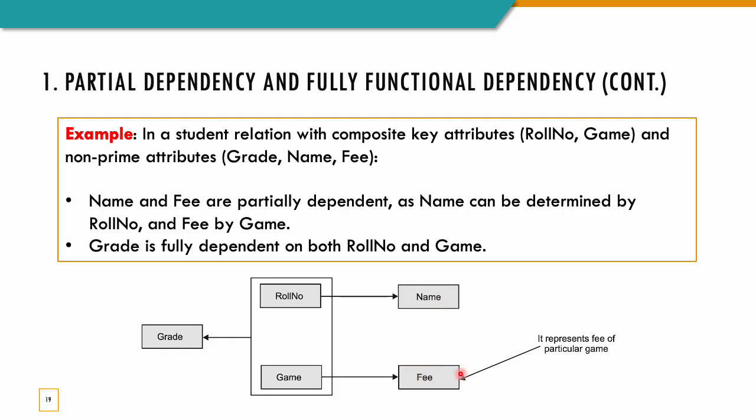The fee represents the fee of the particular game, and name only depends on the roll number. So you can find a student's name by just knowing their roll number, and the fee depends only on the game.